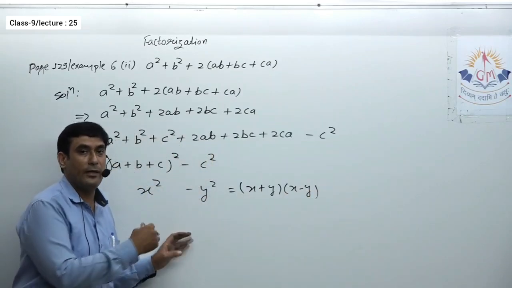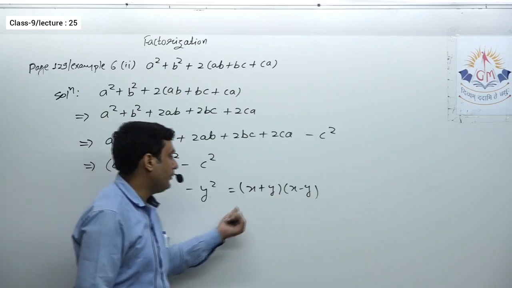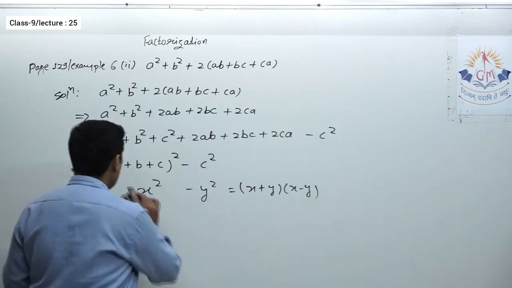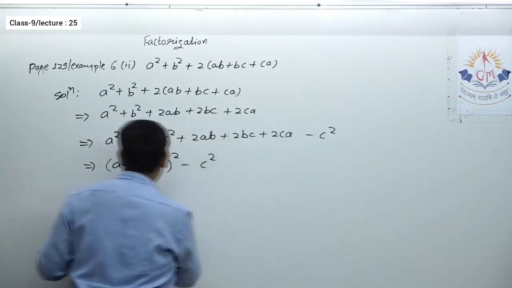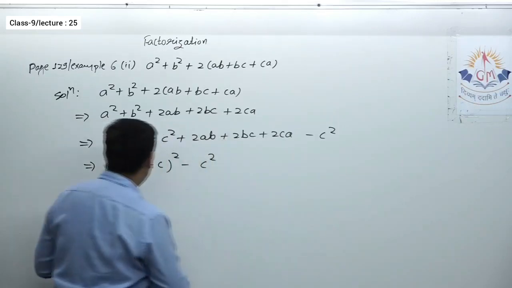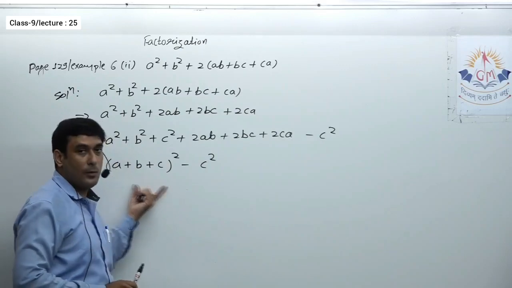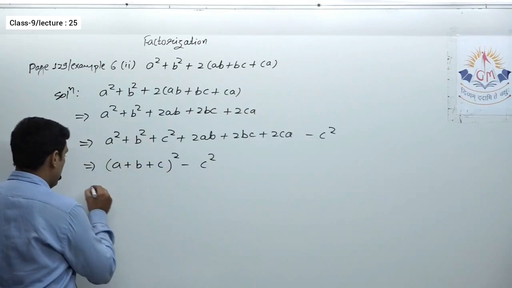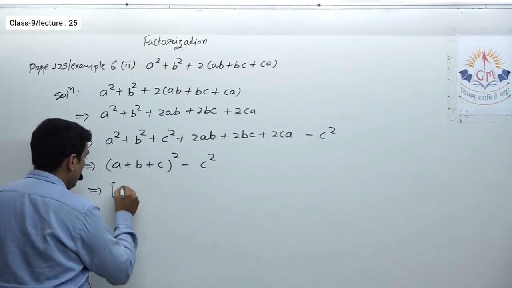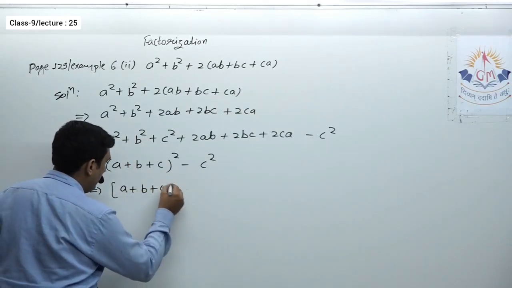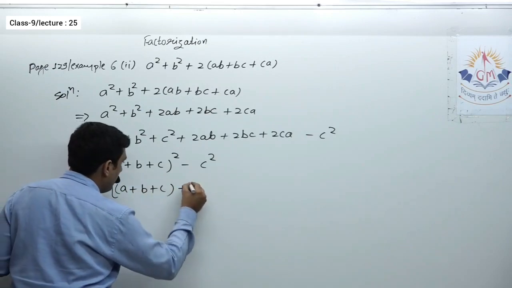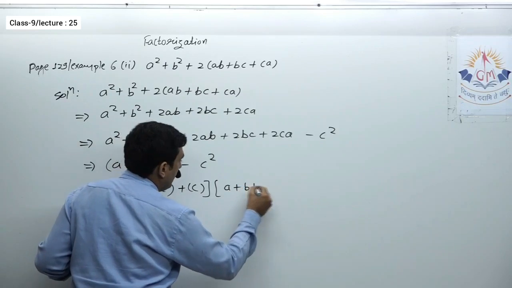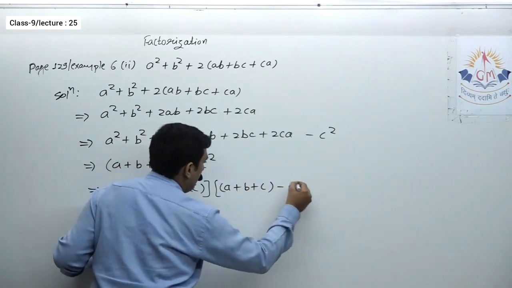Very well known as a square minus b square is equal to a plus b into a minus b. So I use this identity. What this identity says is that first we have to take the sum of those two quantities and then the difference of those two quantities. So here I can write a plus b plus c first plus second into a plus b plus c first minus second.